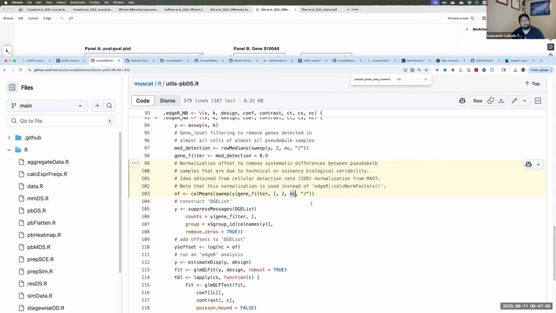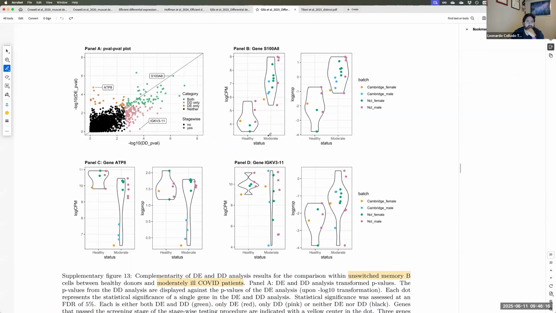The reason why I bring this up is that if you're going to run the pbDD function, you should not use the number of cells expressed as a covariate, even if it shows up as explaining a lot of the variance in a variance partition analysis, because that information is used internally by the method in the implementation here in muscat. And the preprint will talk more about that.